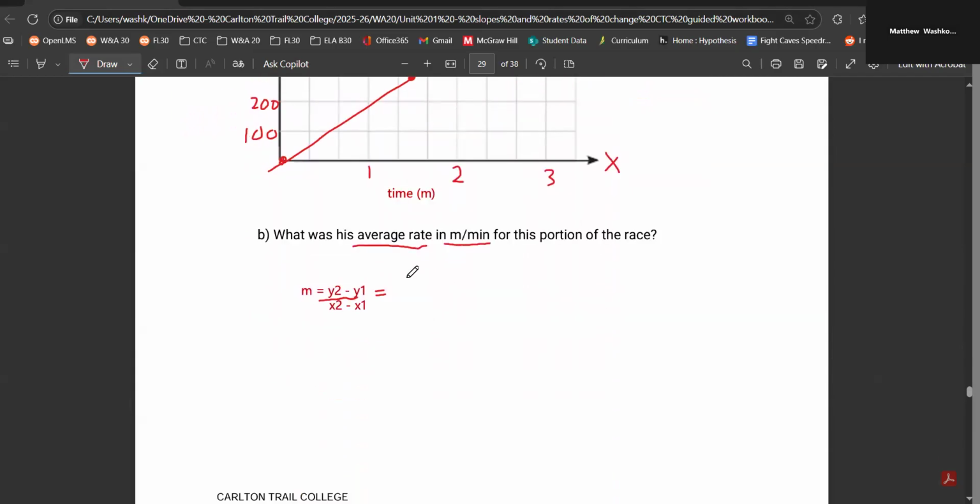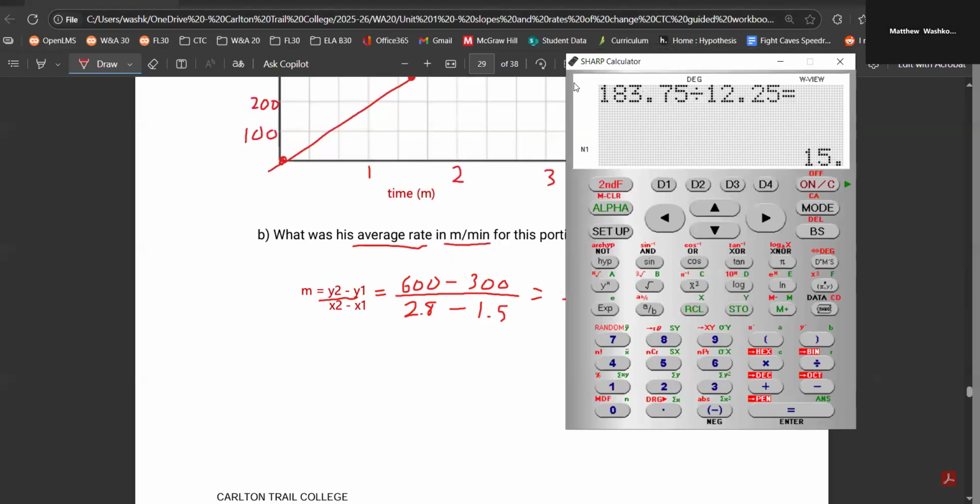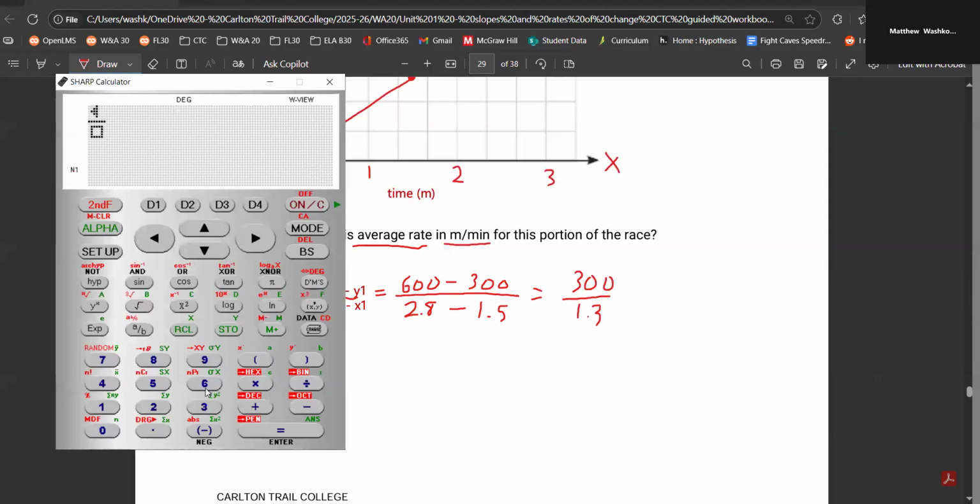So my y2 in this case was 600. My y1 was 300. My x2 was 2.8. My x1 was a minute and a half, 1.5. That gives me 300 over 1.3. Not very clean. Let's simplify that. Fraction button, 300 over 1.3.